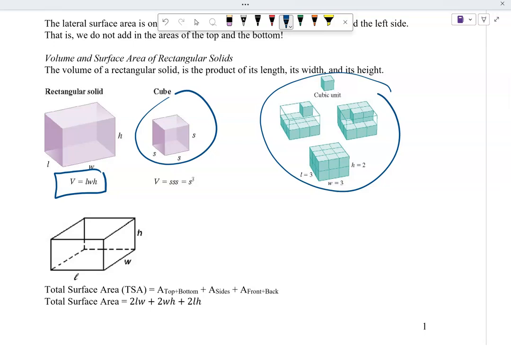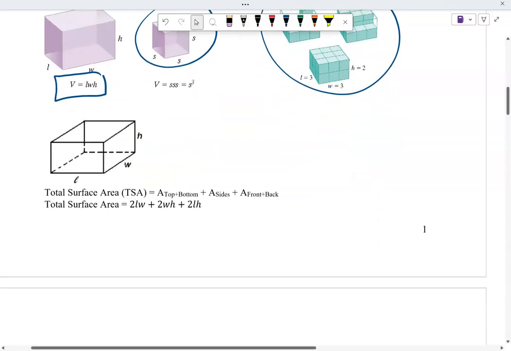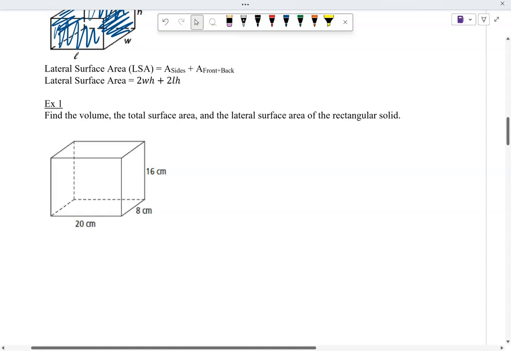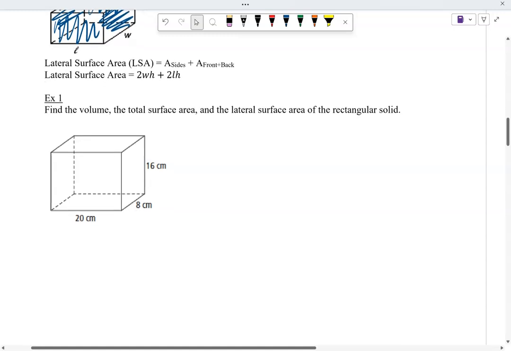Our total surface area includes the top and the bottom as well as the sides, so that's how much paint if I was to paint the whole thing. Lateral surface area is just the front and the back as well as the left and right. Again, total surface area includes top and bottom. So let's go ahead and find the volume, total surface area, and lateral surface area for this rectangular solid.